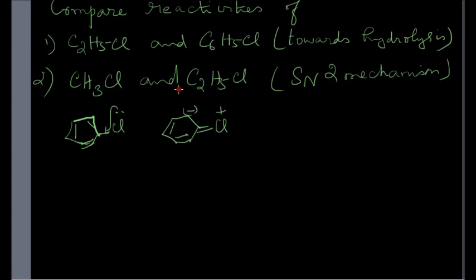So the bulkier groups will cause hindrance. So what do you conclude from this? Chloromethane having a smaller methyl group will cause less hindrance than chloroethane, where it has a bulkier ethyl group. So towards SN2 mechanism, chloromethane will be faster in reacting than chloroethane.